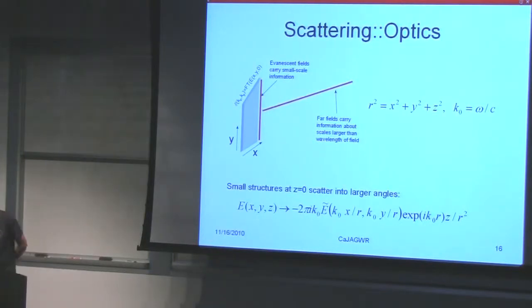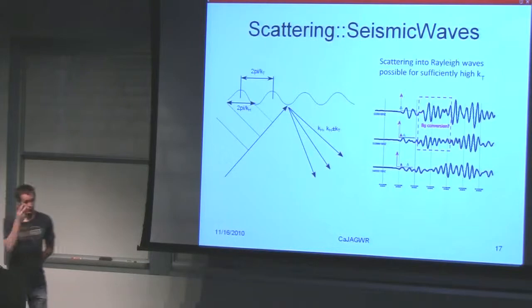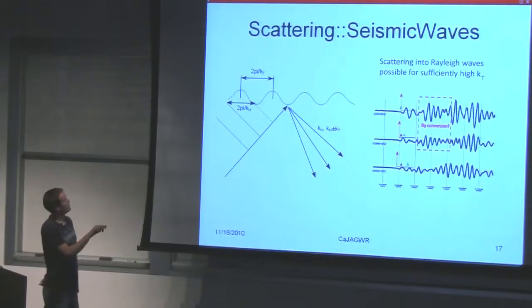And this also happens for seismic waves. Let's just look at this picture. So an incident seismic wave will, on some plane, the surface here, have some horizontal wave number. And also the surface topography will now be described by some specific scale, described by this wave number kt.